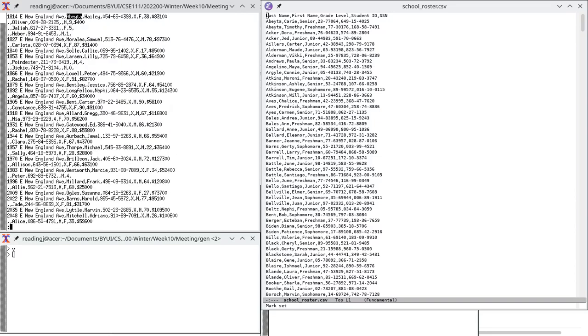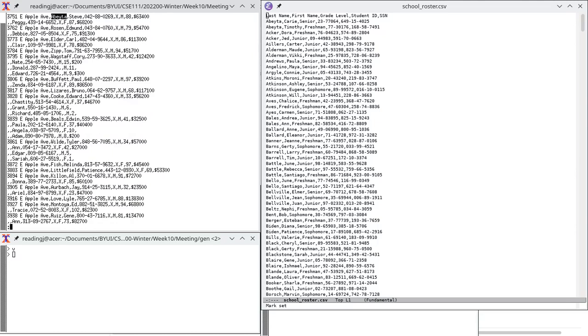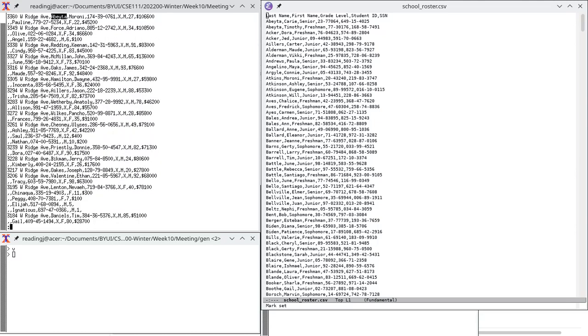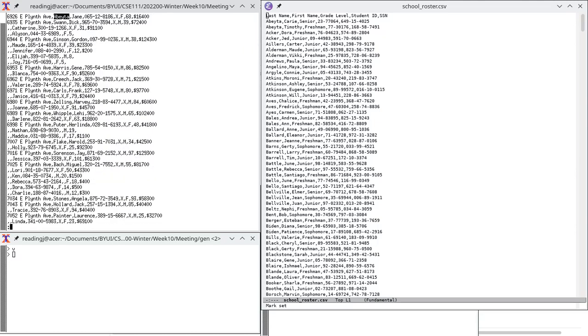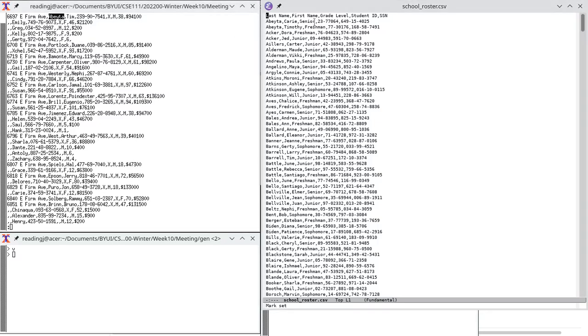Who are we looking for? Carrie. The program I used to generate all this data only had a finite number of names. So there's lots of Abetas in here. And I don't know if we've gone by Carrie, but there's probably multiple Carrie Abetas as well. So you can't count on the name to be unique.